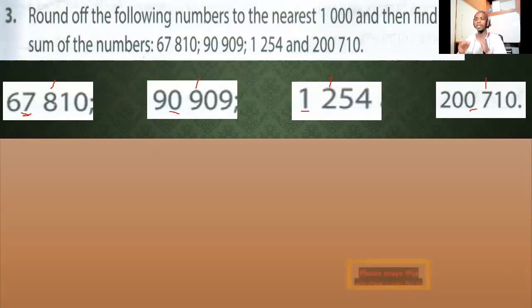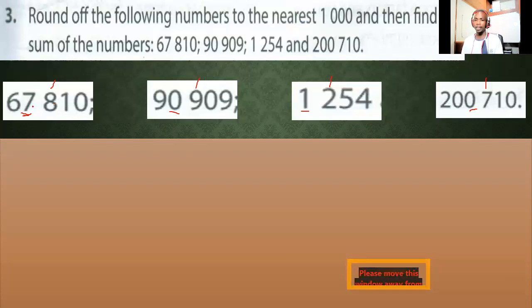If it is 4 and below, we don't add anything to the 1,000. But the numbers which are on the hundreds, tens, and units, we will reduce them to zeros. Even if we add or if we don't add, they will return down to the zeros.